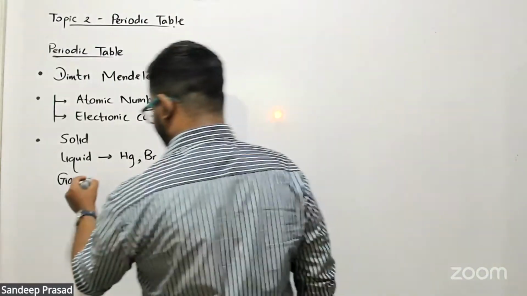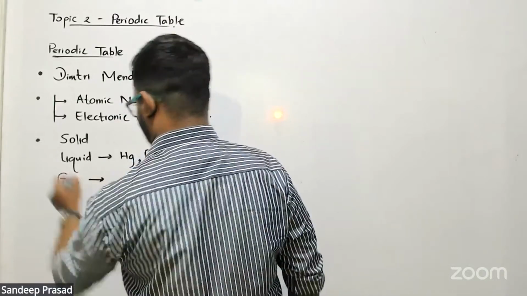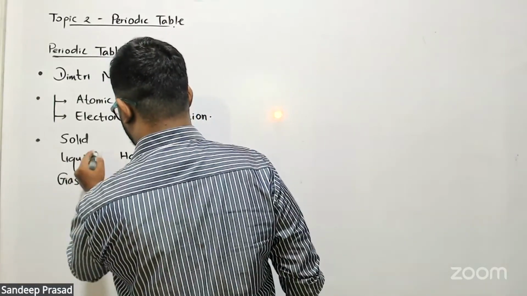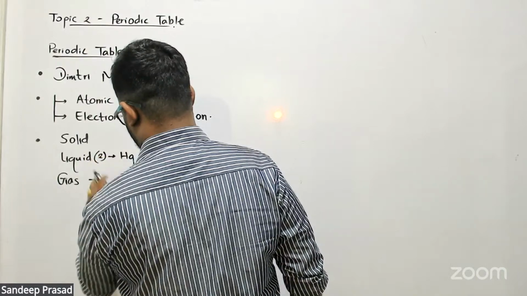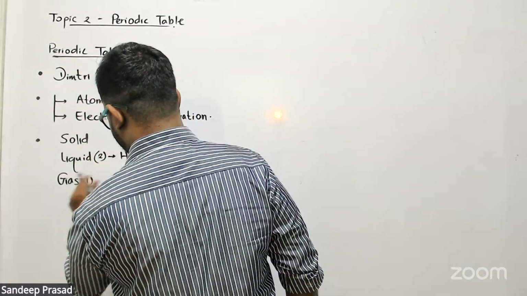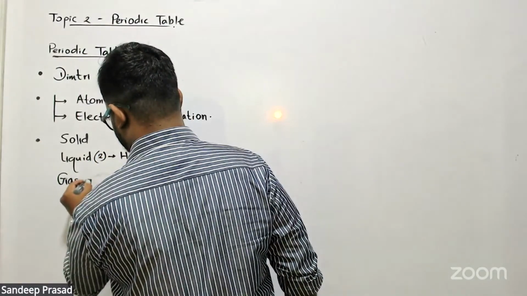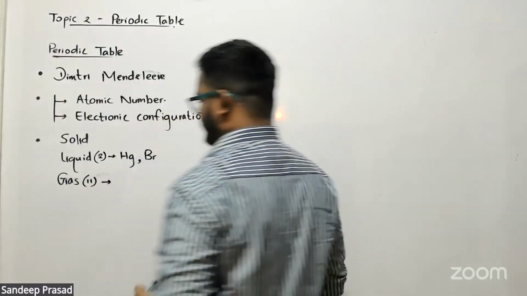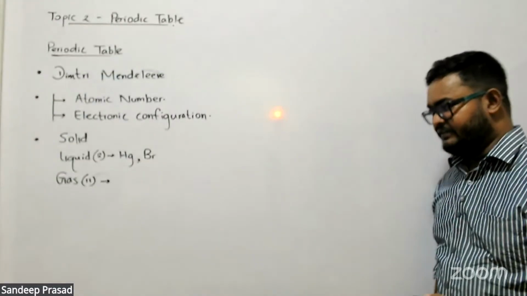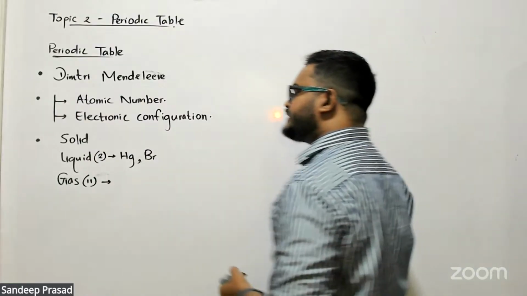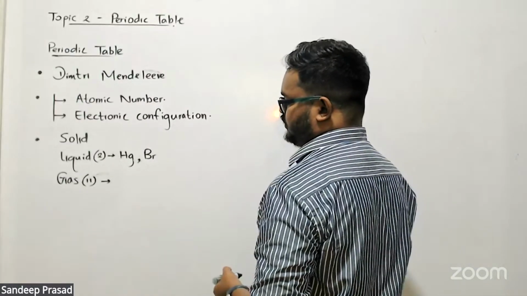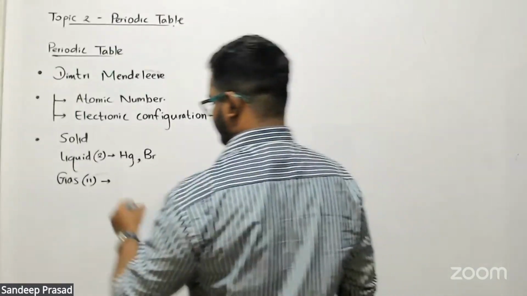And remember, when you consider the gases, there are two liquids in the periodic table and there are 11 gases in the periodic table. Right? So what are the 11 gases?